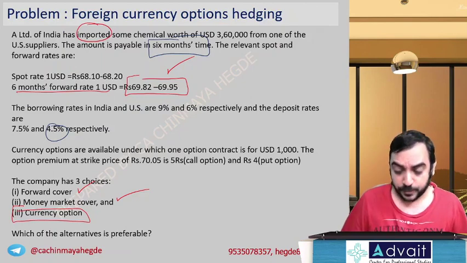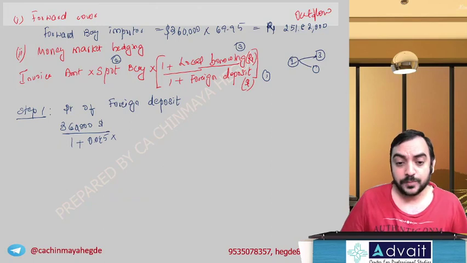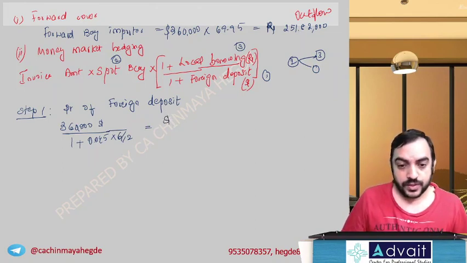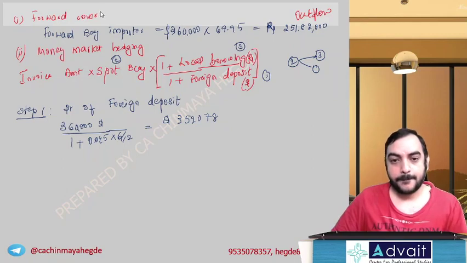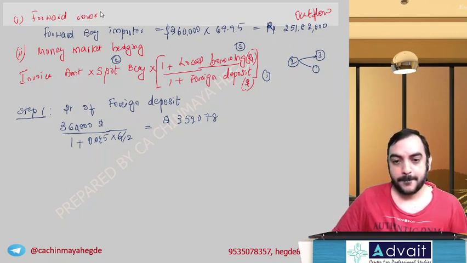Read these things carefully, or whenever you read something, make a small mark. So $360,000 divided by 1 plus 0.045 into 6 by 12, 6 months time, gives 3,52,078 dollars. Right?